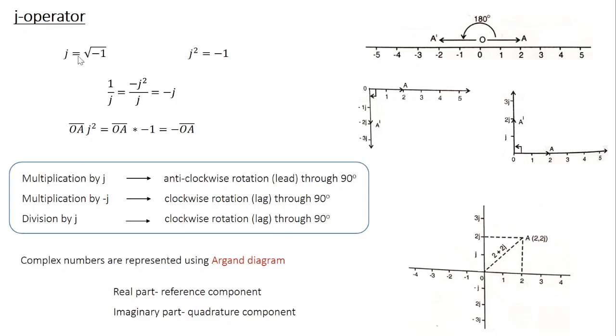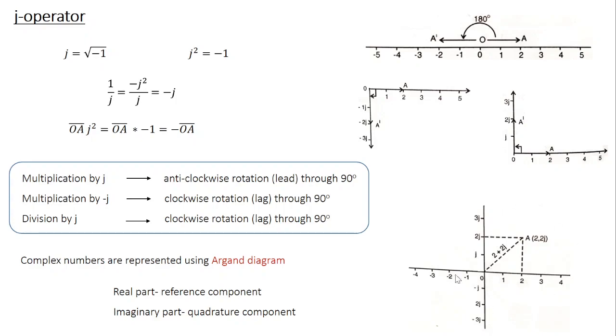Since we are talking about a J operator, which is nothing but the imaginary number, essentially we are dealing with complex numbers here. Right? And complex numbers are usually represented using the Argand diagram, where there are two components for complex numbers. One is the real component and one is the imaginary component. In the Argand diagram, the real component is represented as the reference component and the imaginary part is represented as the quadrature component.